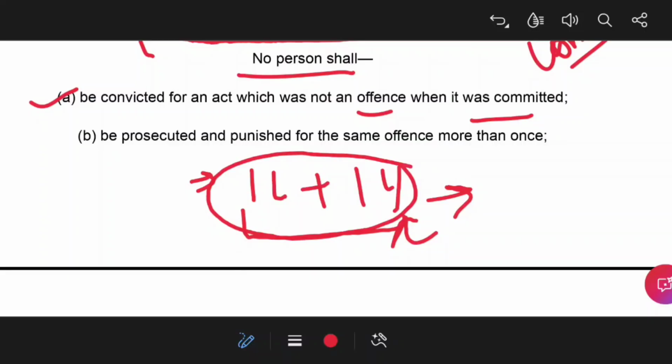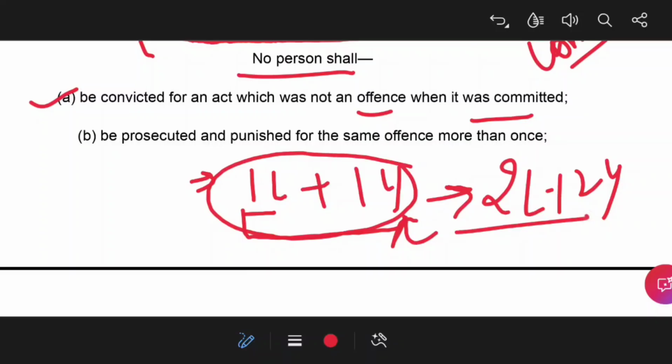But suppose after a few years you commit the same crime again, and at that time it has become 2 lakh plus 2 years. Then you will get punishment according to the present laws. That is the simple meaning.